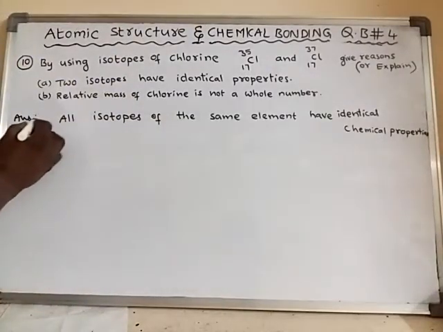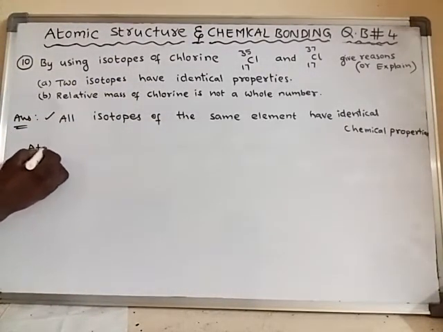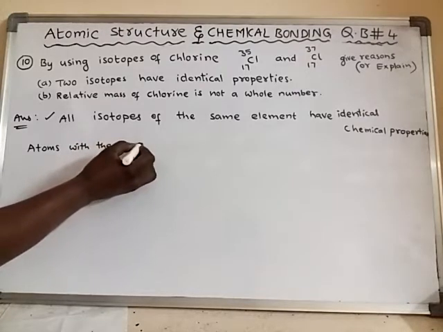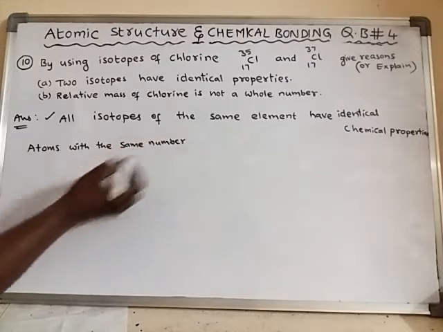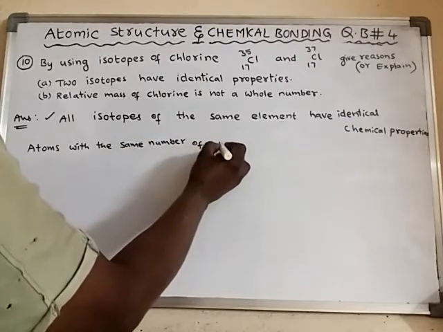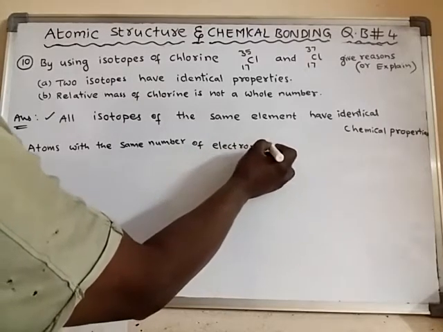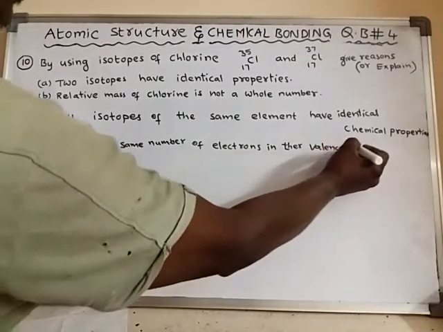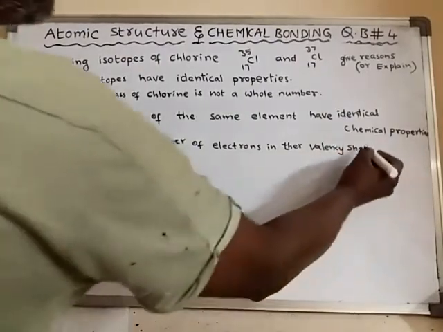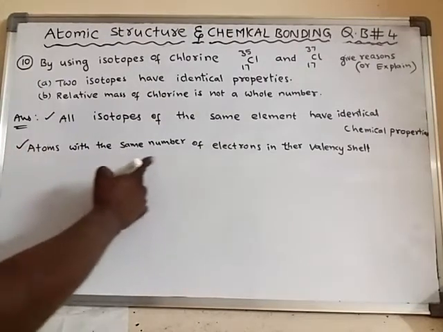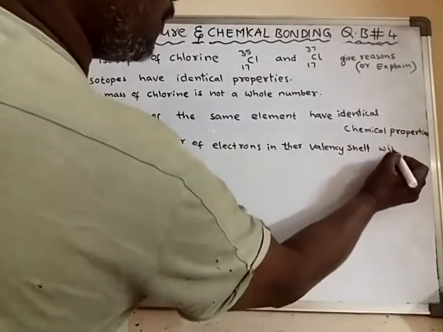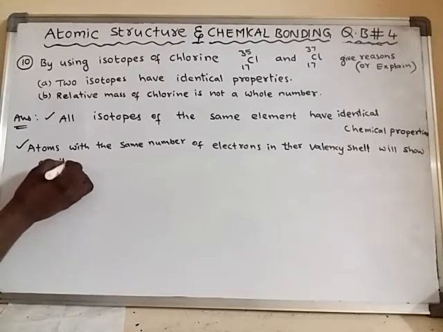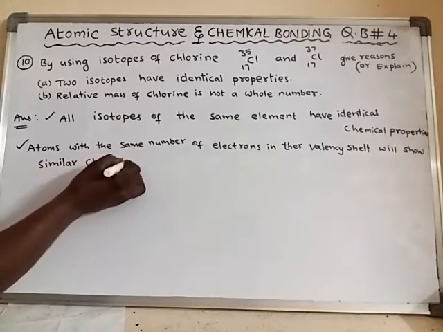See, remember this is the most important thing: atoms with the same number of electrons in their valency shell will have similar chemical properties.